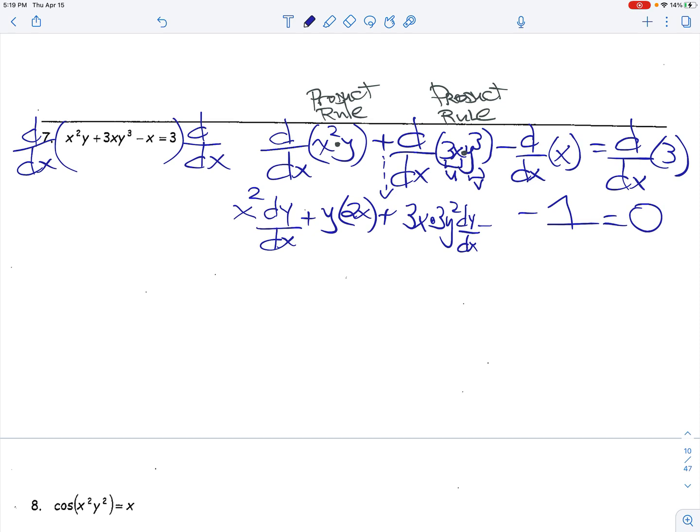Times the derivative of the inside, dy/dx, plus the second, y cubed, times the derivative of the first. The derivative of 3x is 3.